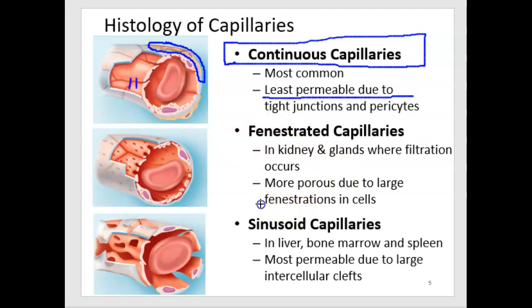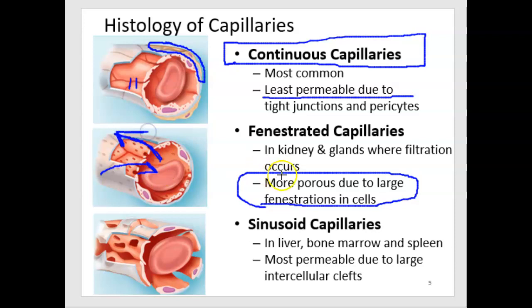Fenestrated capillaries are more porous, so there would be more leakage from the blood out. There would also be, of course, more import, but due to blood pressure, the danger would be more leaking. But it's an advantage in certain locations, like in the kidney that needs to filter blood. We'll see that there's fenestrated capillaries in that location.